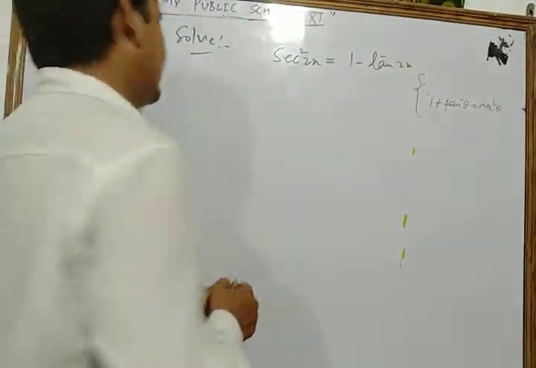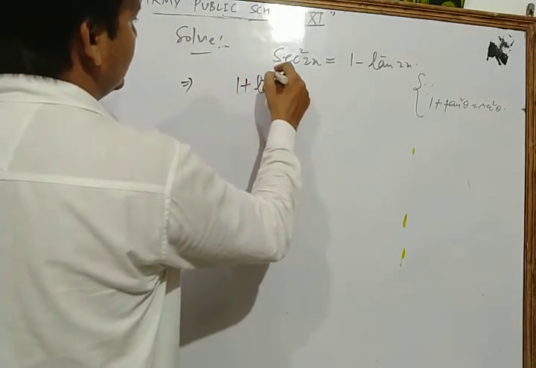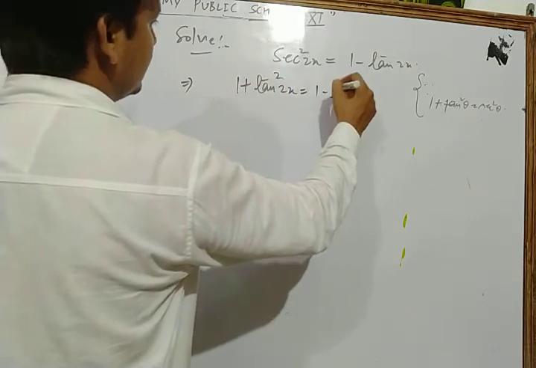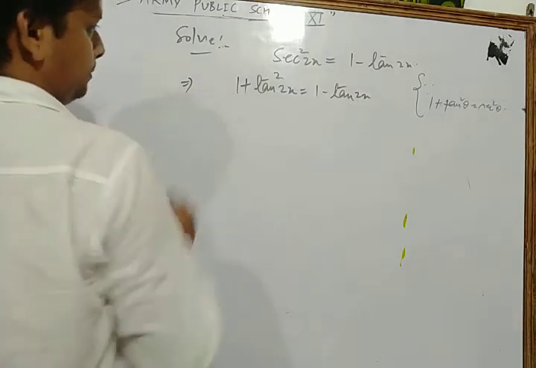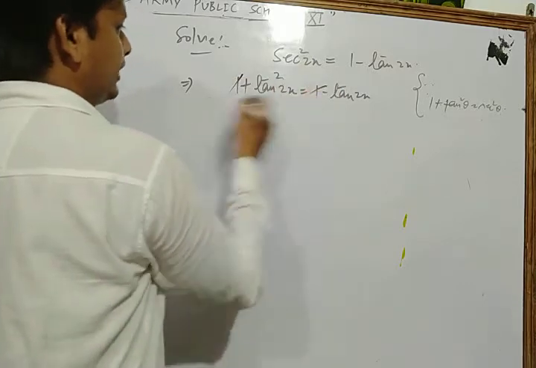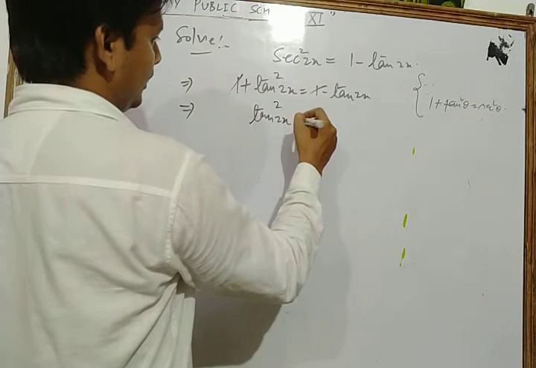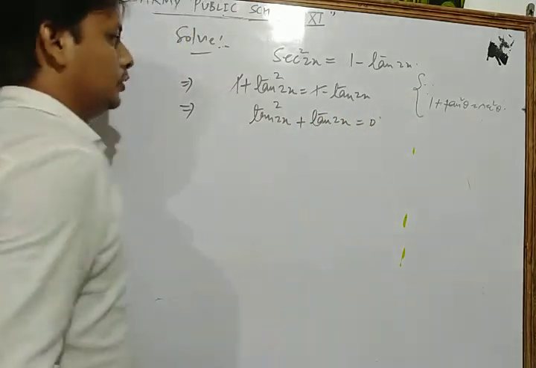So we write sec square 2x as 1 plus tan square 2x, and here 1 minus tan 2x, write as it is. Now let's see, here minus 1 cancel to each other, so we get tan square 2x plus tan 2x is equal to 0.